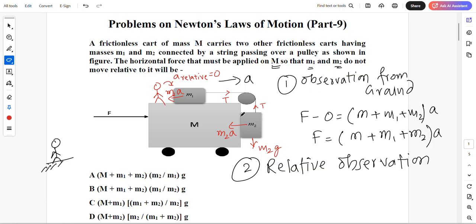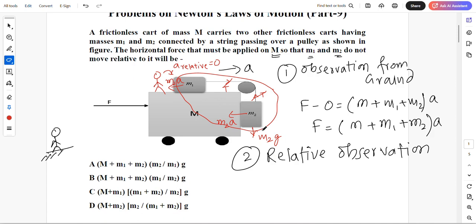Now if I take this as system boundary, these two internal forces get cancelled. A relative is equal to 0. Therefore, I can equate the forces.